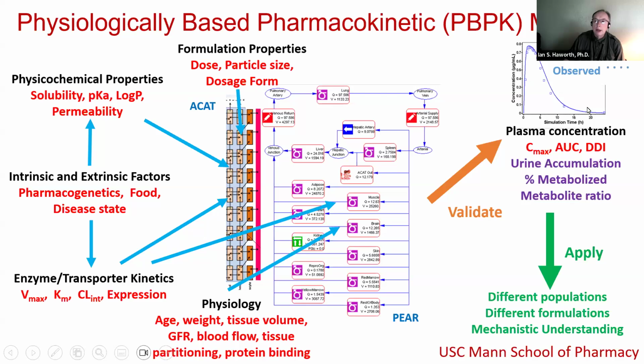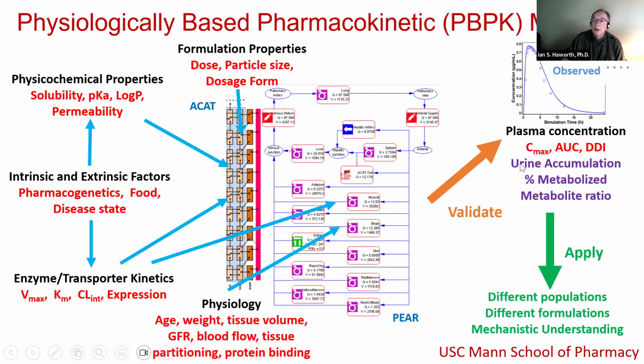But that is only really achieved through manipulation of all of these parameters. How can we measure that? We can measure it by showing that Cmax is consistent between the observed and simulated data, that the area under the curve is consistent. If we're looking at a drug interaction, that the elevation or reduction of the victim drug is correct.